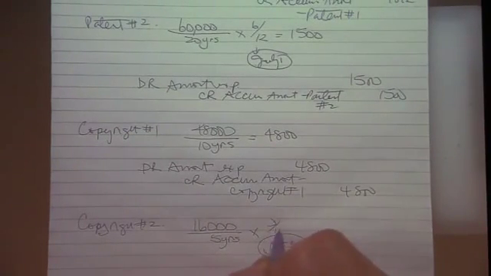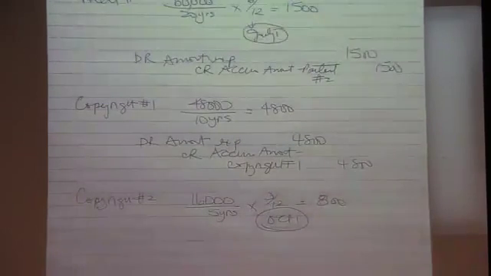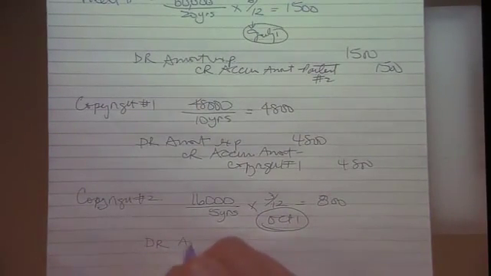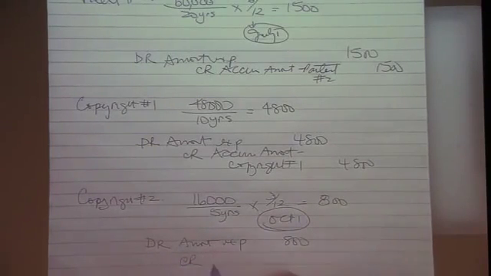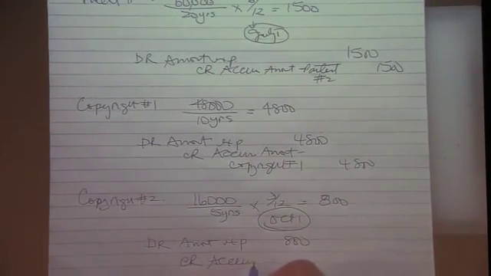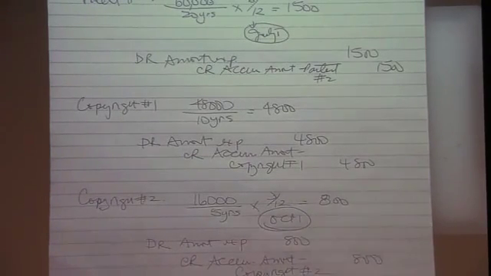So 3 over 12 to give us $800. So the entry again is debit amortization expense, credit accumulated amortization copyright number 2, $800.